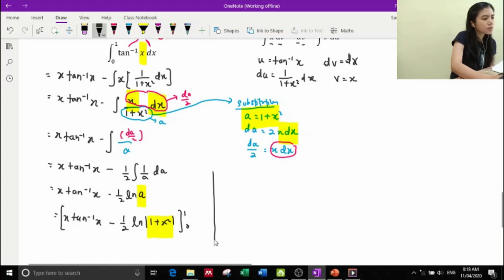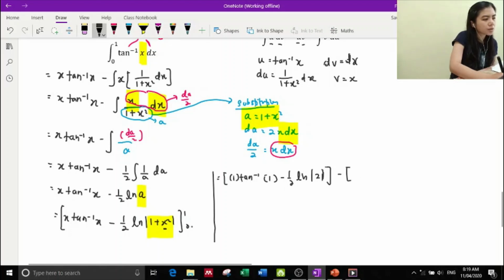Okay, so we're going to do the substitution now. We sub the first bracket, we sub all the x as 1. We see the x squared here, so you sub 1, so you have 1 squared plus 1, that gives you 2. And then we're going to minus.